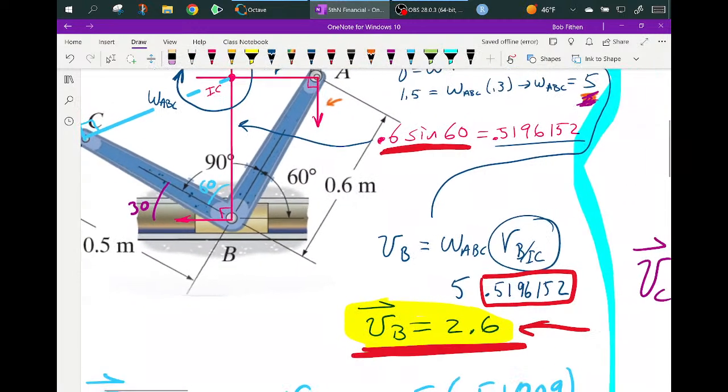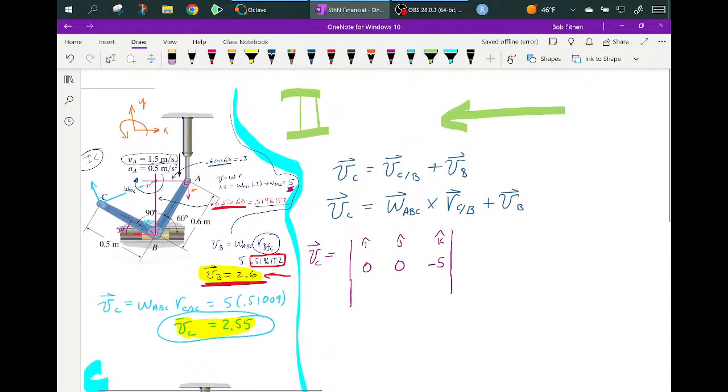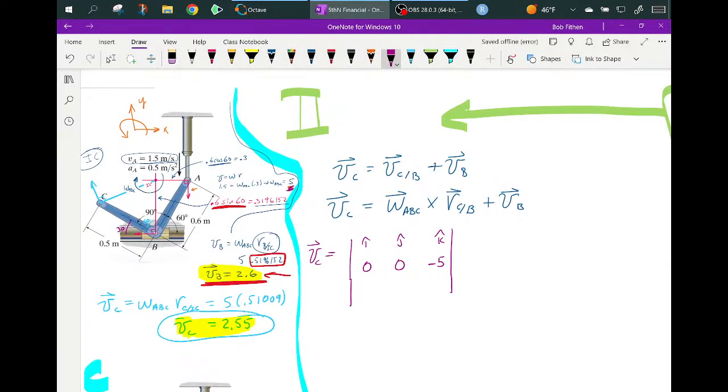So with that in mind, a vector that originates in B and draws itself back to C is going to be minus 0.5 because that's the distance there, and in this particular case, cosine 30.